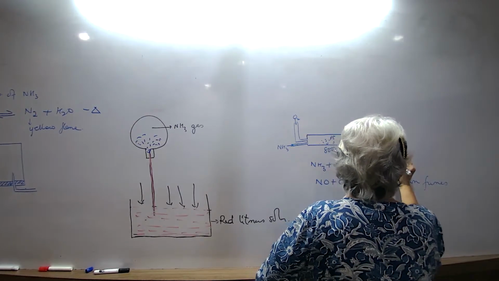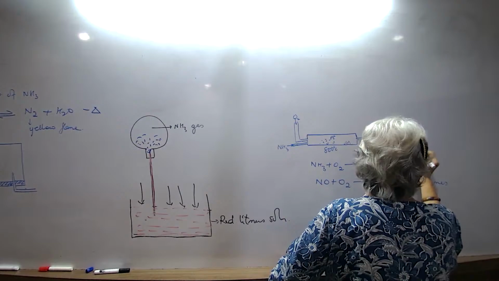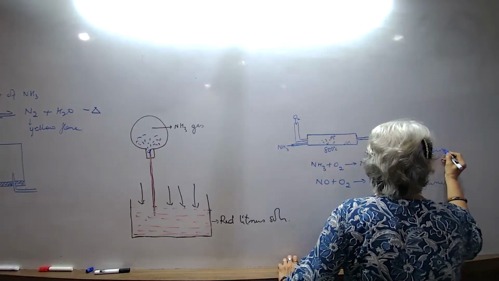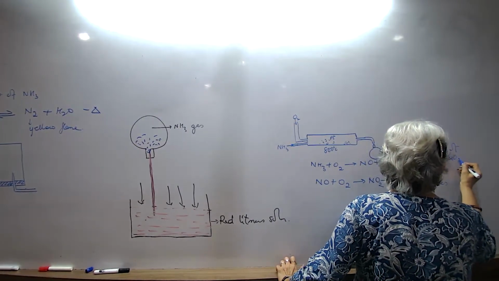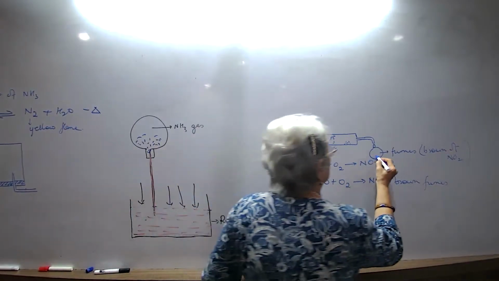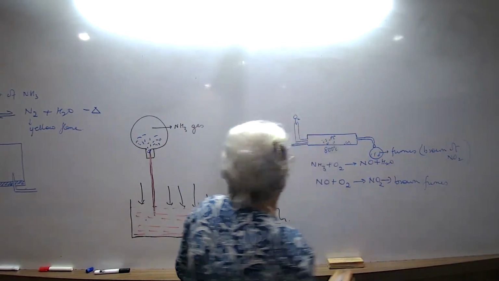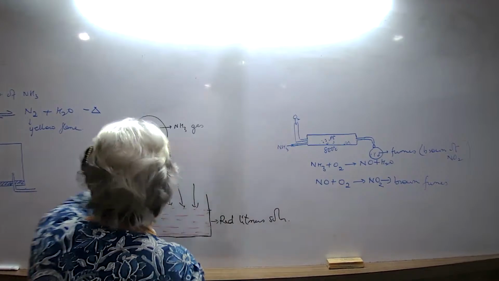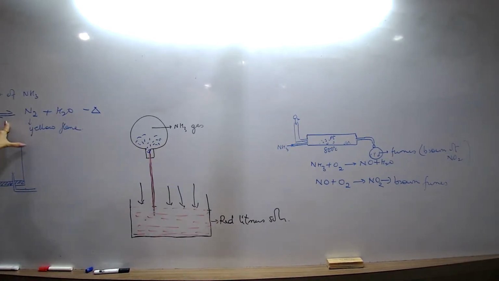These are brown fumes. So you see here, ammonia and oxygen without a catalyst is giving you yellow flame of nitrogen and water.